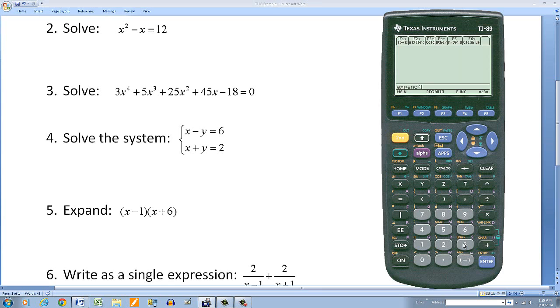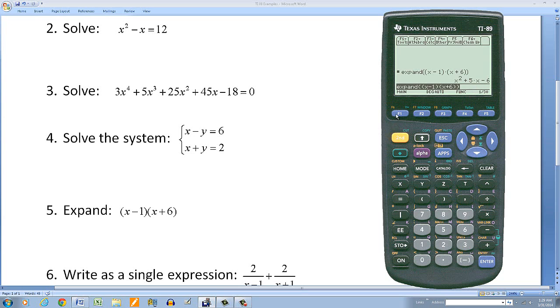So hit 3, and then type in x minus 1, parentheses, close it, and then we have x plus 6, close it, and then close the main parentheses, hit enter, and it multiplies it out for you. X squared plus 5x minus 6.